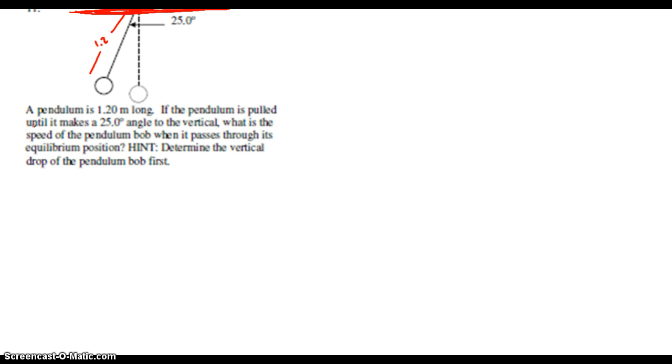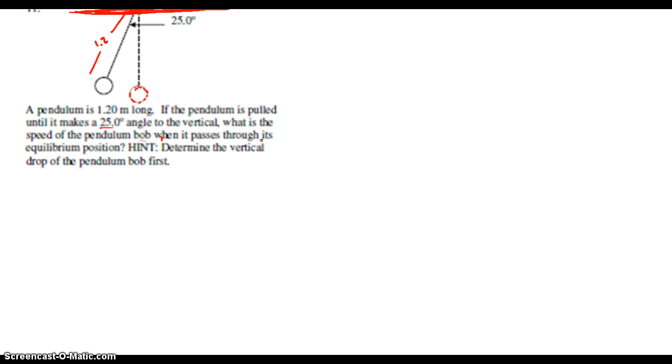So the pendulum is pulled up until it makes a 25-degree angle to the vertical. What is the speed of the pendulum bob when it passes through its equilibrium position? This is its equilibrium position. Hint, determine the vertical drop of the pendulum bob first. So it gives you a little hint.